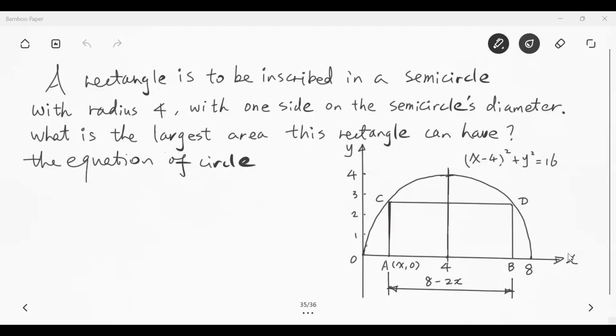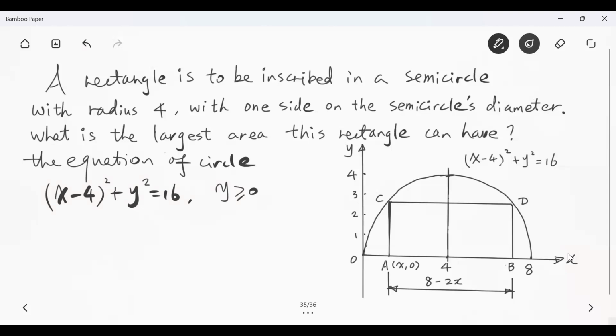So the equation of the circle is (x minus 4) squared plus y squared equals 16. Because it's a half circle above the x-axis, y is greater than or equal to 0.